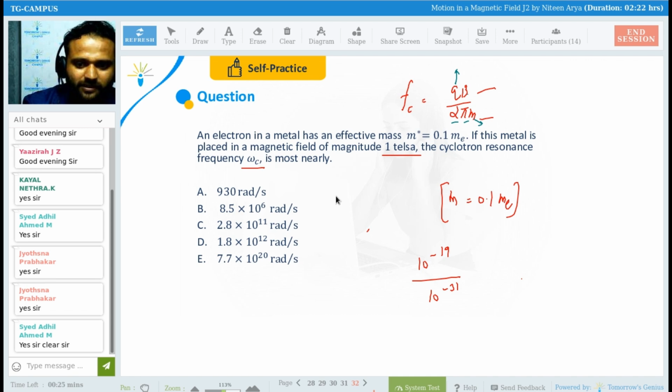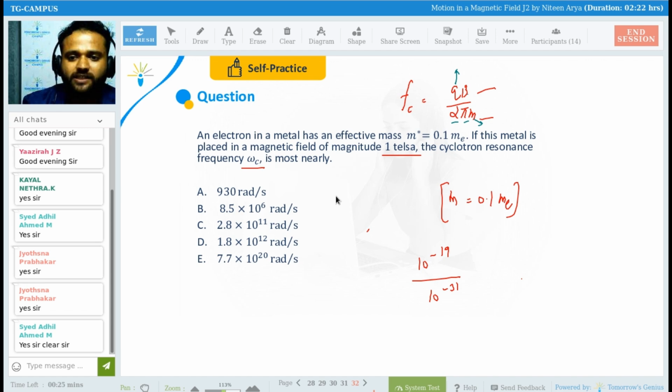I got C actually. The answer is 10 to the power 12, which is D. Okay, it's okay. 19 and 31, 12. Simple.